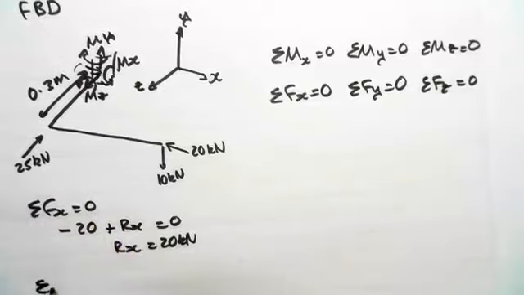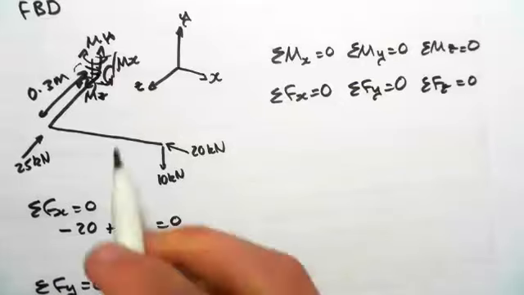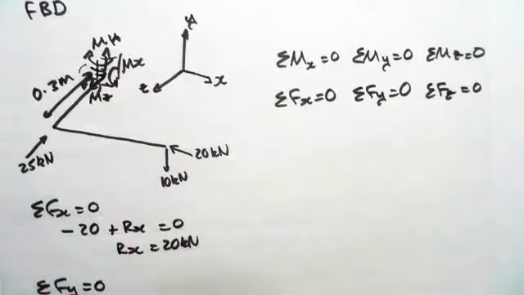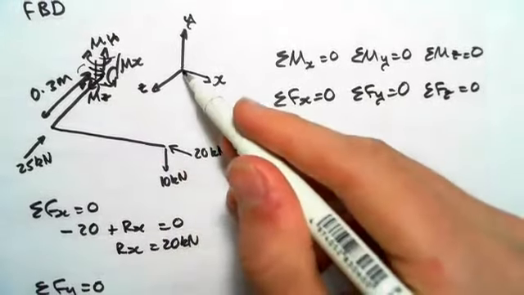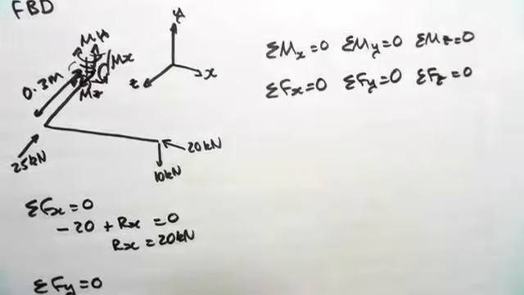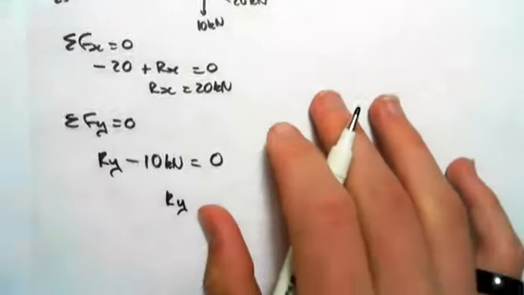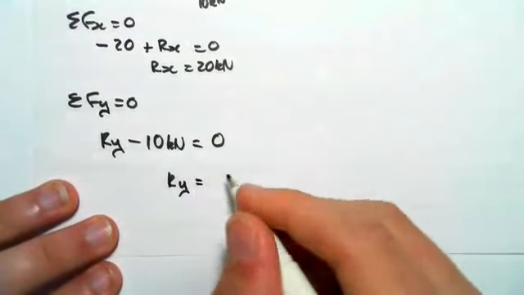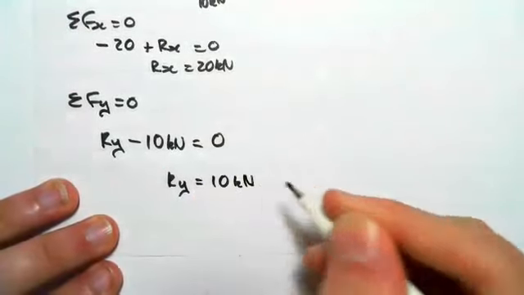Now we'll do the sum of Fy equals 0. Again we have Ry, since we labelled it positive, and then minus 10 kilonewtons because that is going downwards, in the opposite direction from the y-axis. So Ry equals 10 kilonewtons.